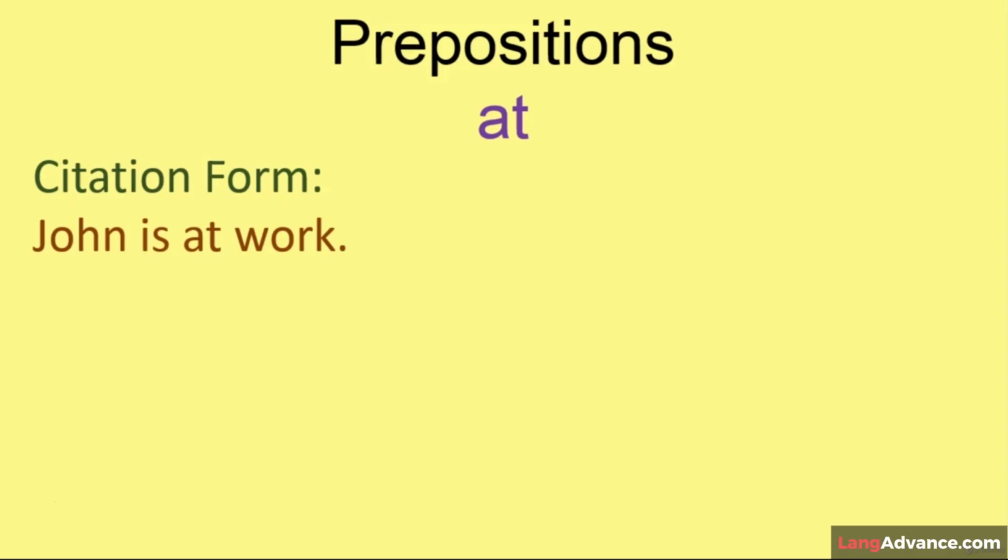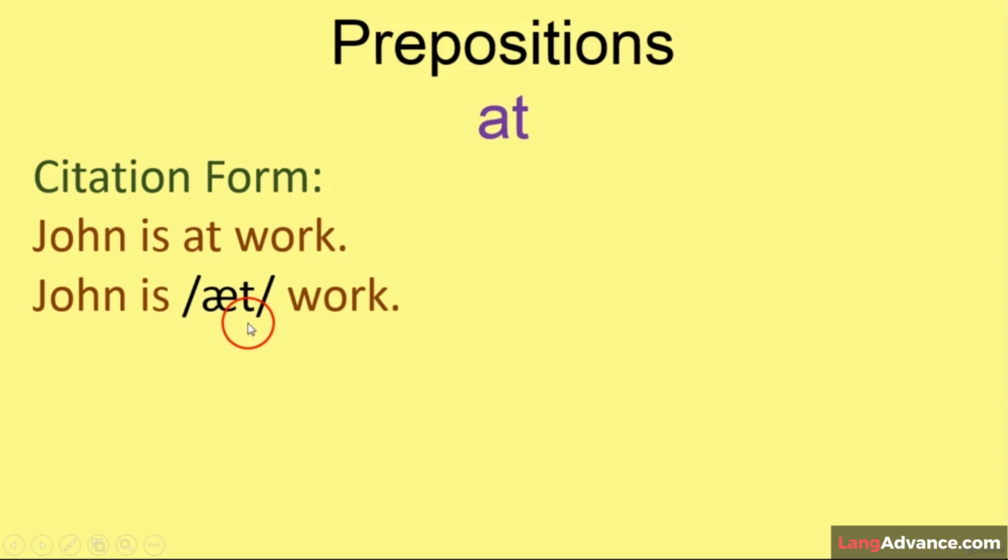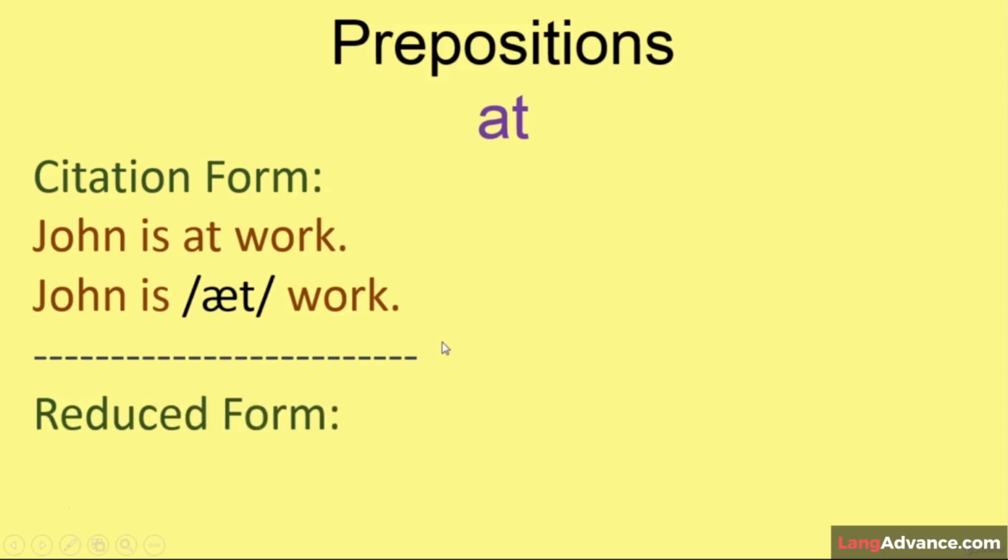But when we are speaking, normally we don't speak in citation form. We use reduced form. We already talked about this symbol, which is pronounced "uh," and we have the letter T, which, as you know, is pronounced t. However, in reduced form, we would say this sentence, John is at work, as "John is ut work."